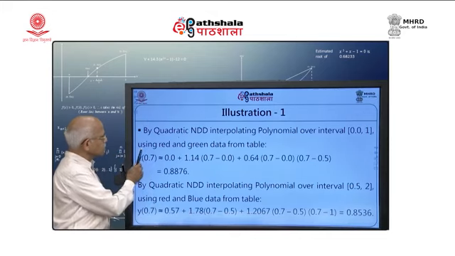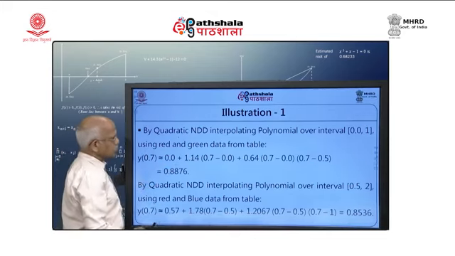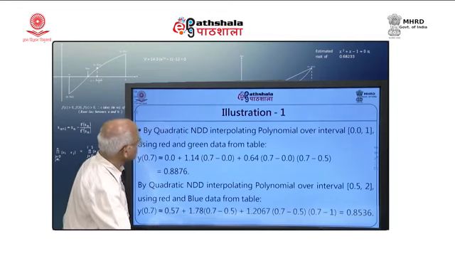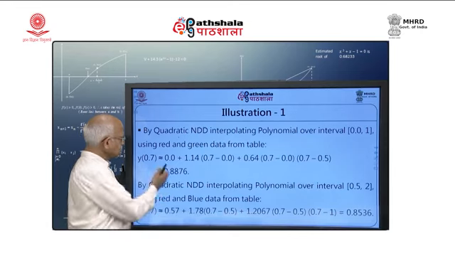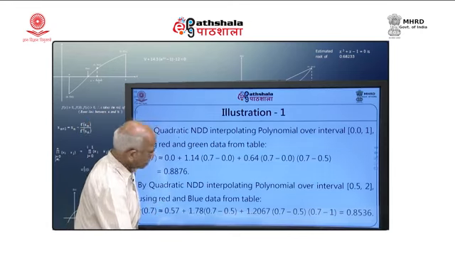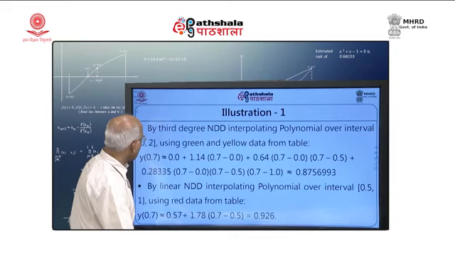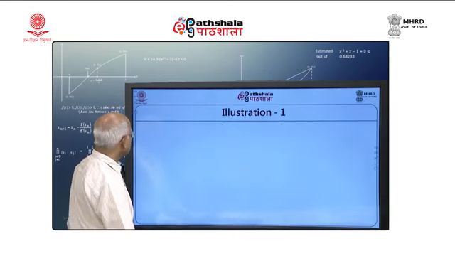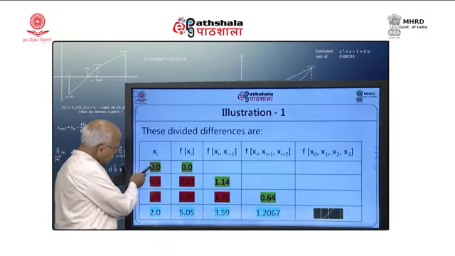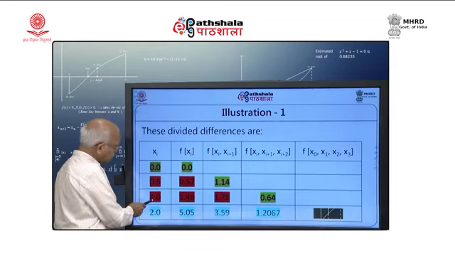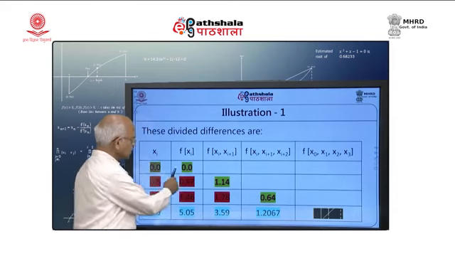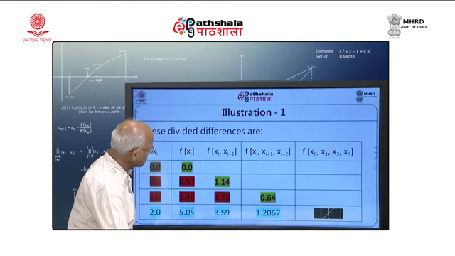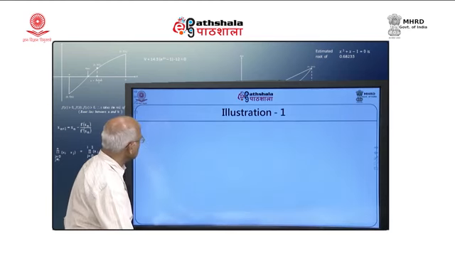Over this interval, we have to use red and green data from the table, because if I have to use a quadratic polynomial, I will need 3 terms. So, the 3 terms I am going to use are 0, 0.5 and 1. So, I will be getting the differences like this that I am going to consider.